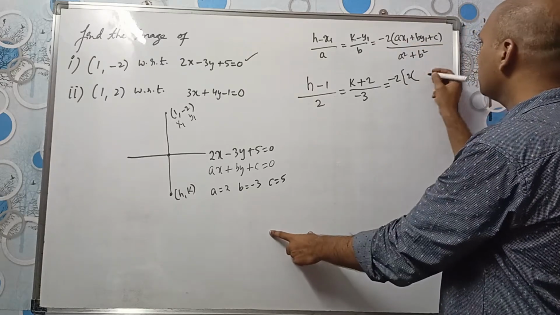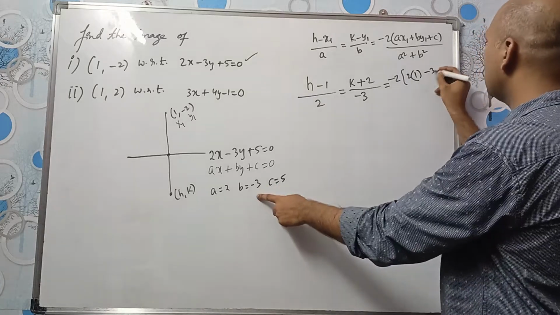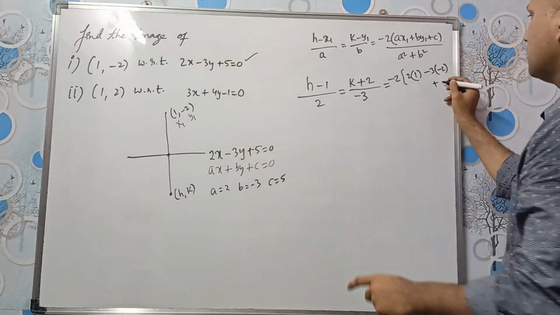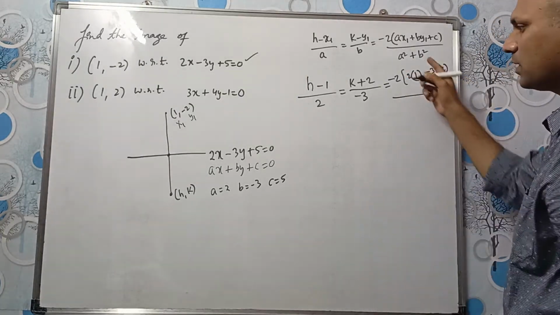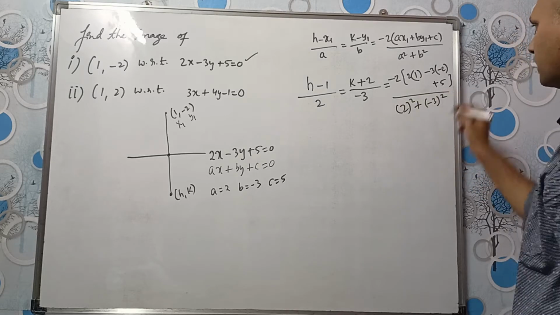a is 2, x1 is 1, plus b, that is minus 3, y1 is minus 2, plus c is 5, whole divided by a square plus b square, that is 2 square plus minus 3 square.